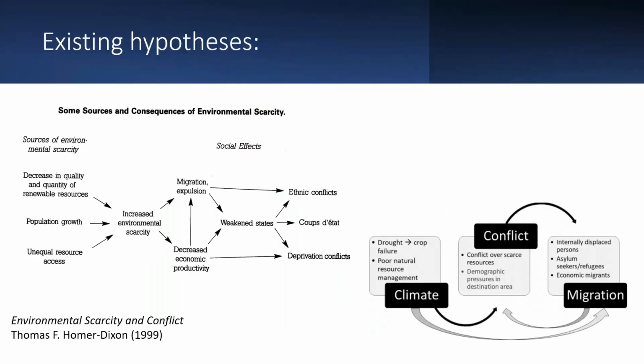So if we start looking at the hypotheses that are still very much in vogue, and we start with Homer-Dixon back in 1999, who posited that as we move into a position of increased scarcity of resources, and by scarcity of resources here we're talking about water, soils, agricultural land, that these scarcities combined with exponential population growth and combined with inequalities built into resource access, this in turn will lead to scarcity.